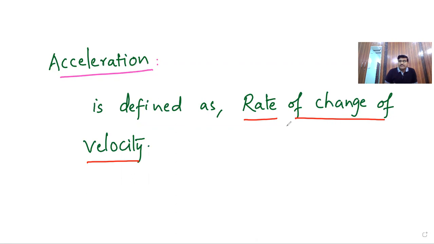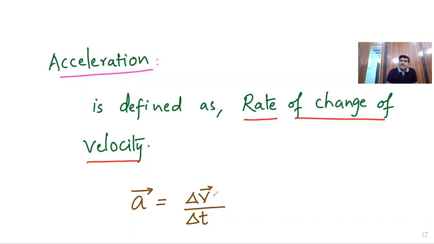Acceleration, as we said, rate of change of velocity, is written as a bar. It is a vector quantity. Notation is a bar, vector notation, which is equal to the change in velocity, delta v bar, v is also a vector, divided by delta t, change in time.